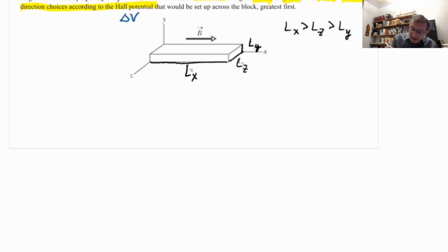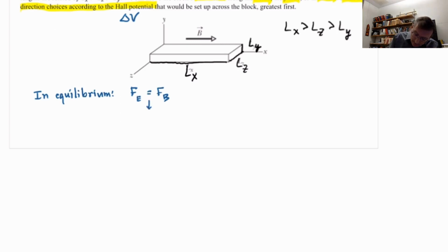But one of the key ideas here is we're interested in what we reach when we reach that kind of equilibrium situation that we were talking about earlier, where our charge carriers, let's just assume they're electrons. For this practice, that will be fine. So the magnitude of the electric force on a conduction electron will equal the magnitude of the magnetic force.